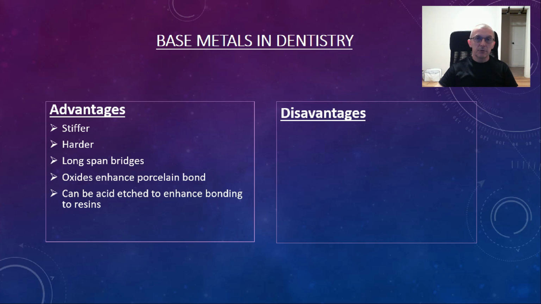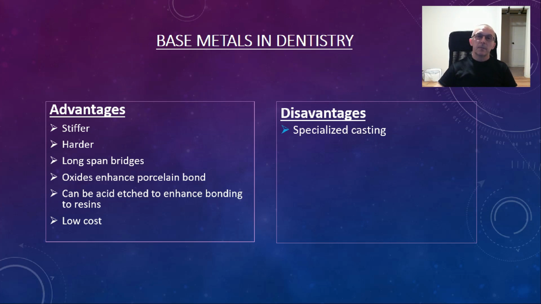They don't have a smooth grain structure, so when you etch it, the surface becomes rough so that the cement can adhere more readily to it. And of course, let's not forget their low cost, which is excellent for the patients who cannot afford expensive restorations.